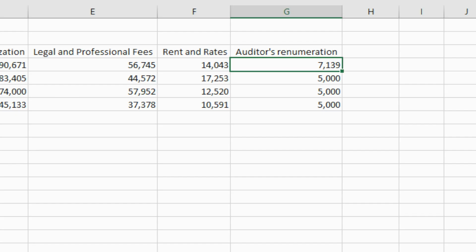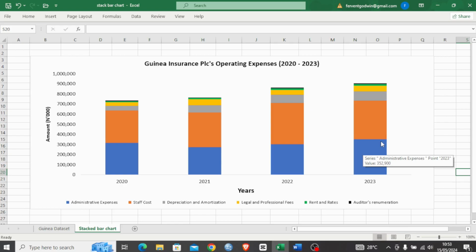So we could see that there was an increase there. For this, the company can decide to negotiate in order to manage operational expenses. The company can negotiate with the auditing manager and say, okay, what if we give you 600,000? In that way, this can actually be reduced.